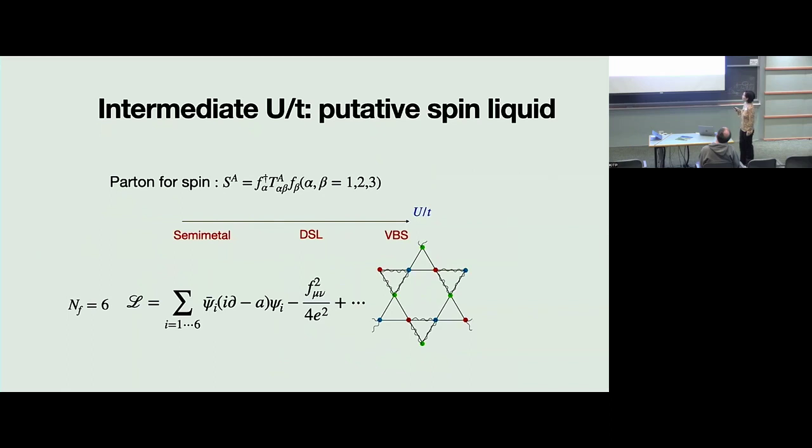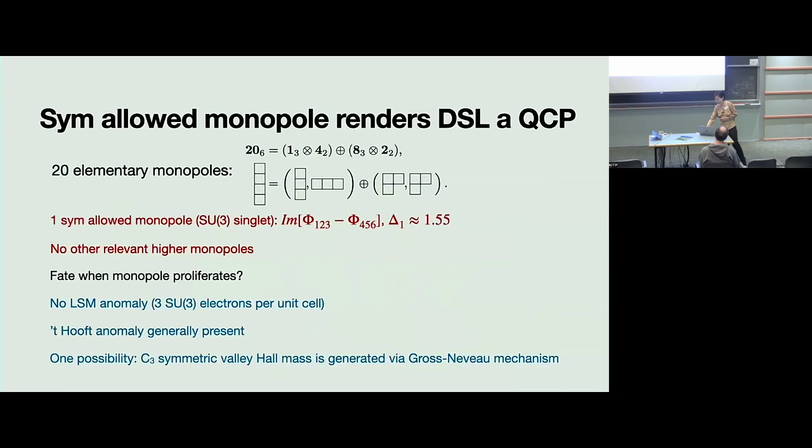Just to mention that at the strongest coupling limit, the system may form a valence bond solid where the 3 fermions around a triangular lattice will form some SU3 singlet. And at the non-interacting limit the electron system describes a semi-metal with Dirac dispersion.